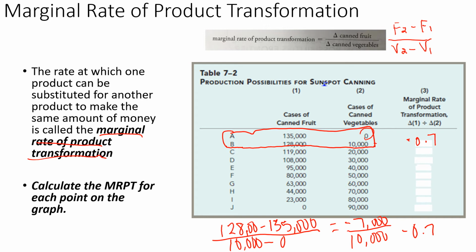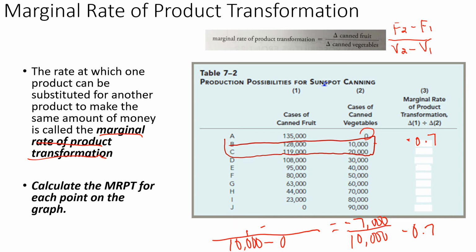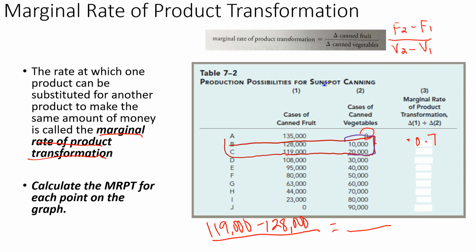Okay, if we do one more, we could go from B to C. So we would have fruit 2, which would be 119,000, minus fruit 1, which is 128,000. And then we'd have vegetable 2, which is 20,000, minus vegetable 1, which is 10,000.